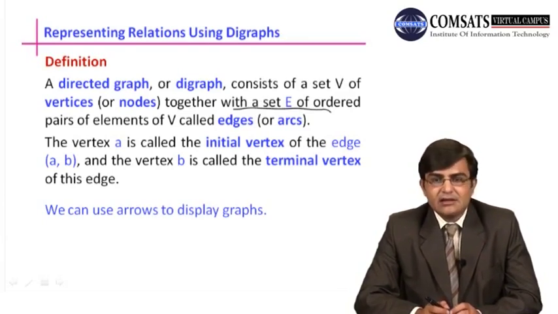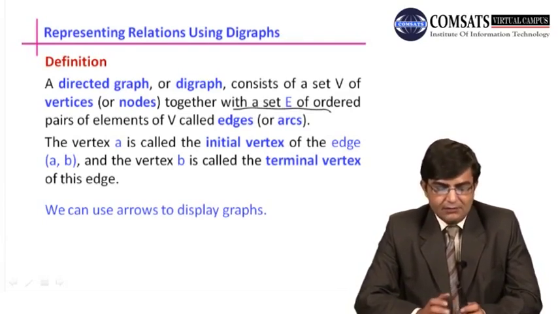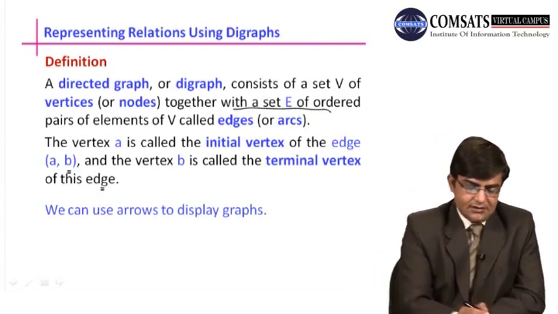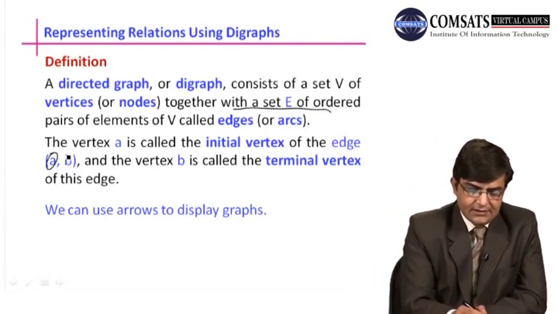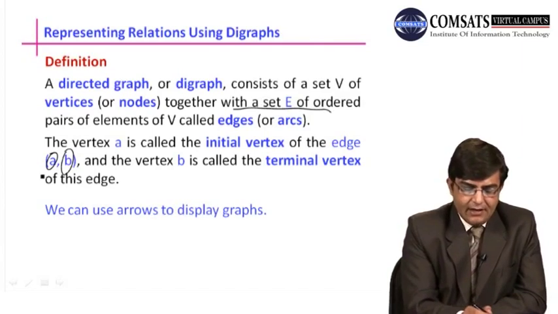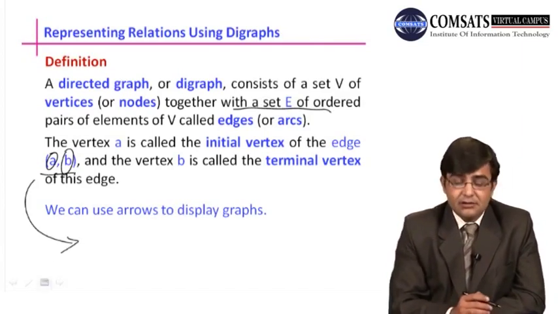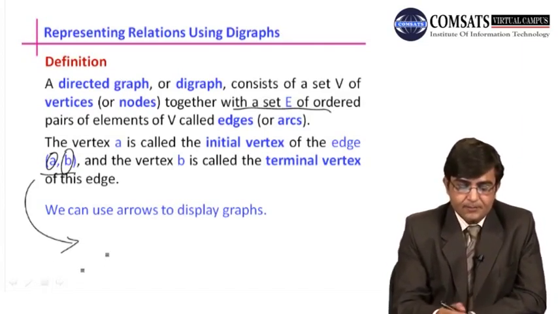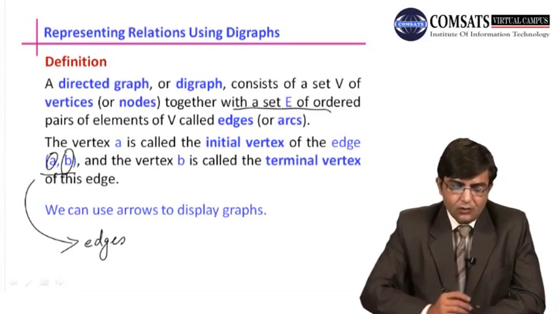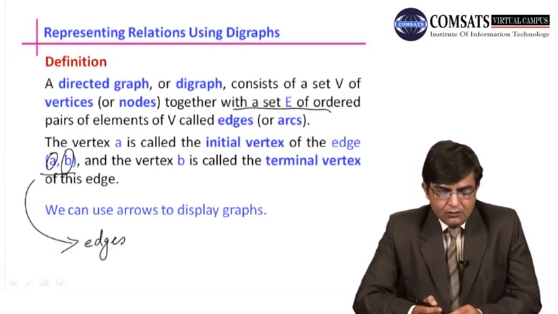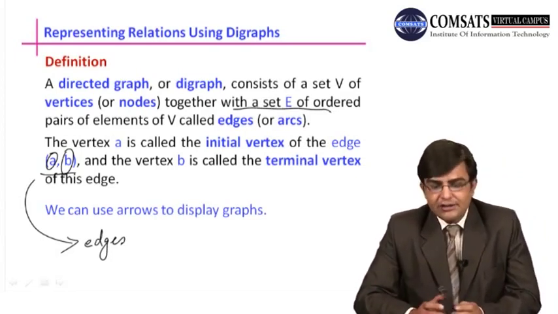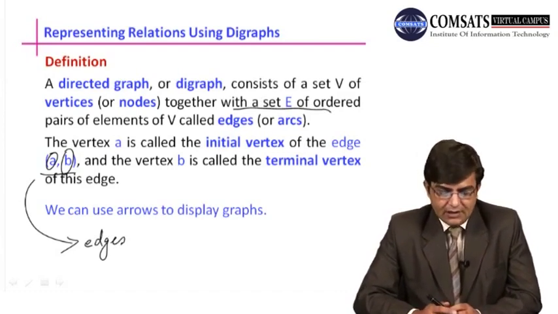The vertex A is called the initial vertex and this is called the terminal vertex, and the AB ordered pair is basically called an edge. We usually use arrows to display the graphs.